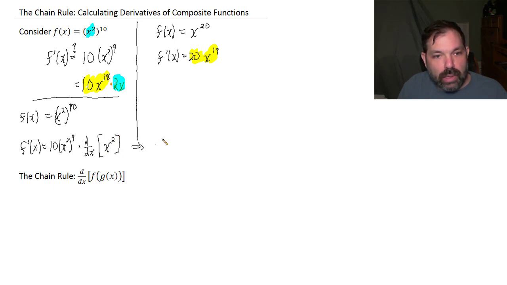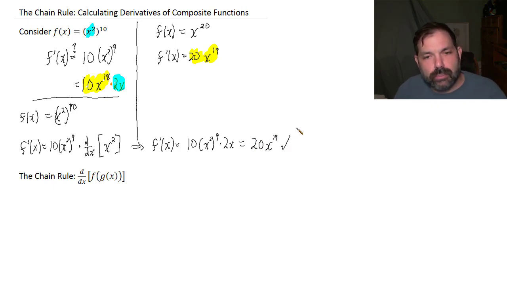And so this tells us that the derivative, f prime of x, is 10 times x squared to the 9th times 2x, which, if we go through the algebraic simplifications, is 20x to the 19th. And so that works out.